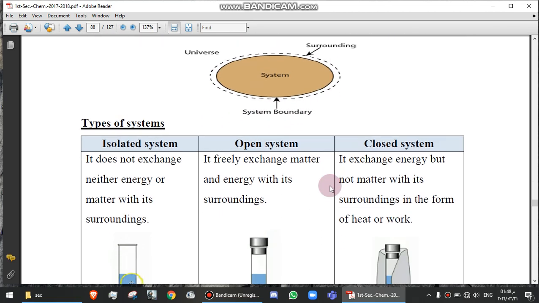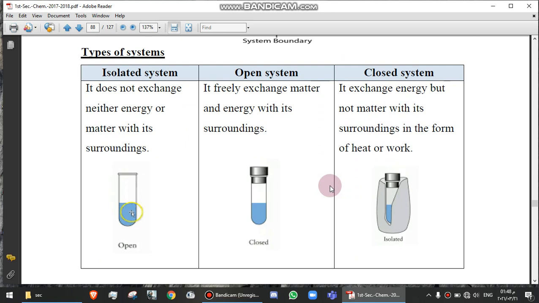There are three types of system: isolated system, open system, and closed system. What is the difference between them? An isolated system does not exchange either energy or matter with the surroundings. No change in energy, no change in matter. While in an open system, there are two exchanges, matter and energy, as we see in the sea.